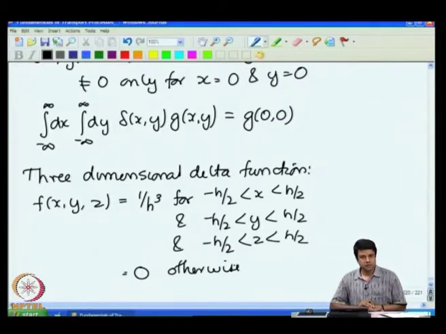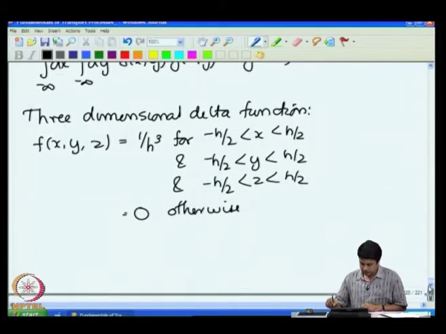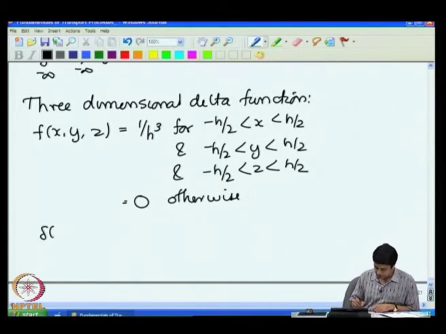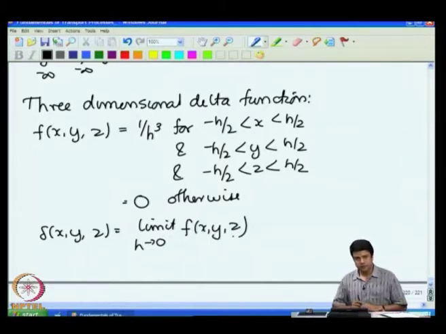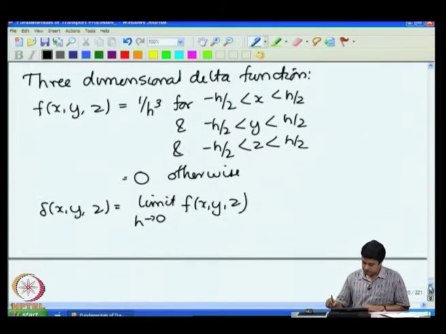So, this is the formal definition of the function f, and the delta function delta of x y z is equal to the limit as h goes to 0 of f of x, y, z, and it has the following properties.